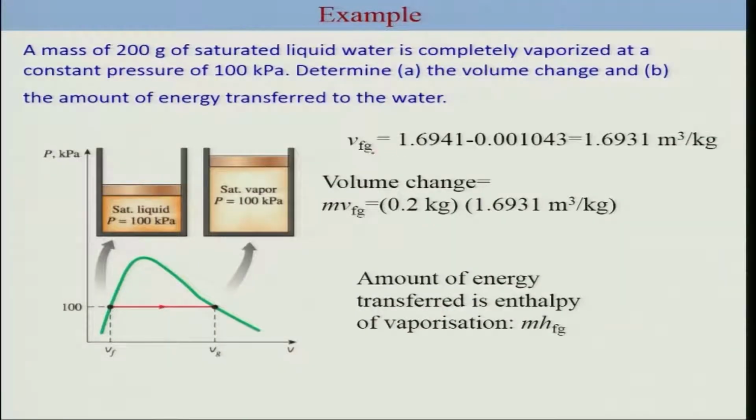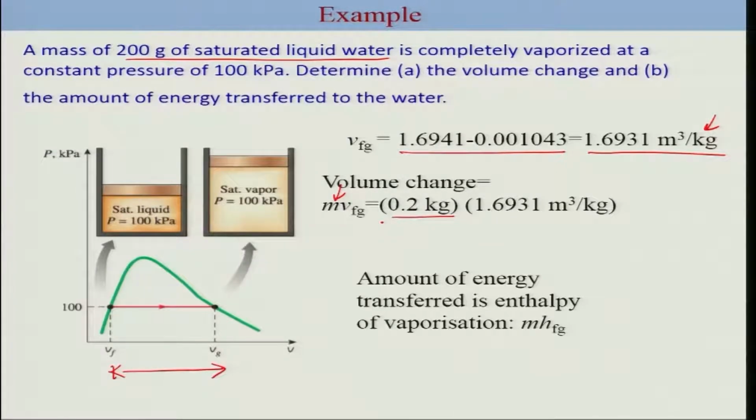We find the difference because we wanted the change in the volume, but this is per unit mass. So then we multiply this value by the mass of the saturated system, which is given as 0.2 kg, and thus the total volume change can be calculated. So that's part one, how to find the volume change.